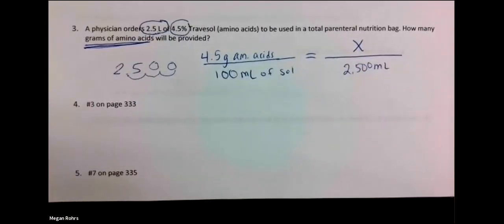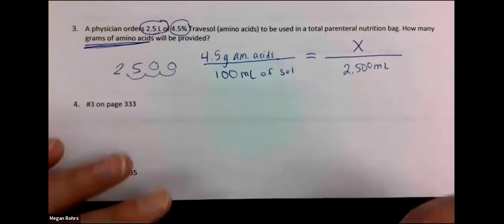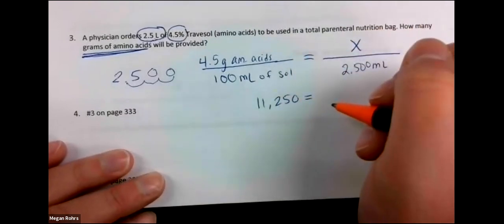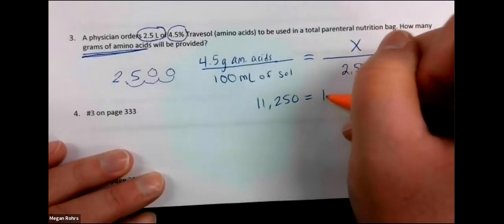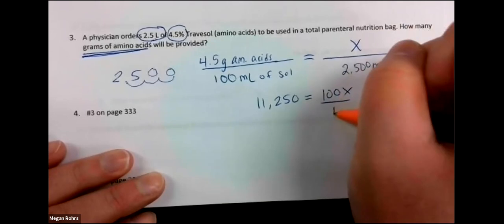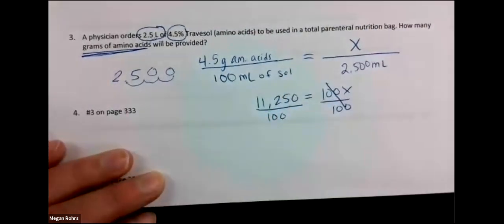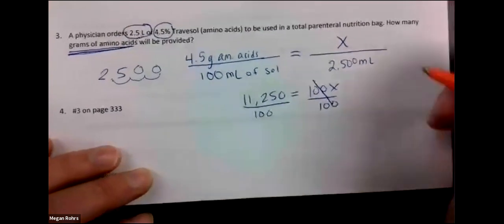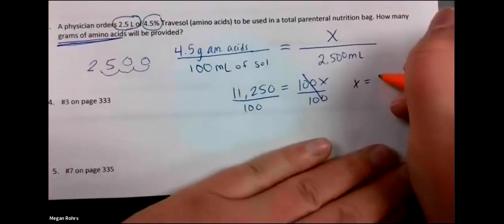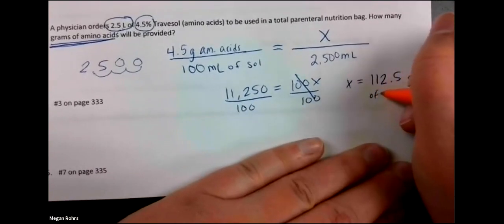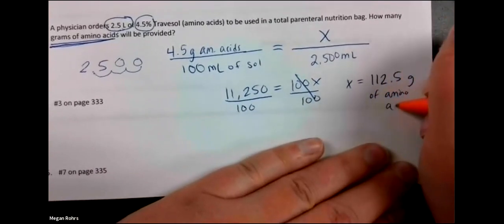So we're going to take 4.5 times 2,500. That gives us 11,250. Set that equal to 100x. Divide by 100 here. Do the same to the other side. And that leaves me with 112.5 grams of amino acids.